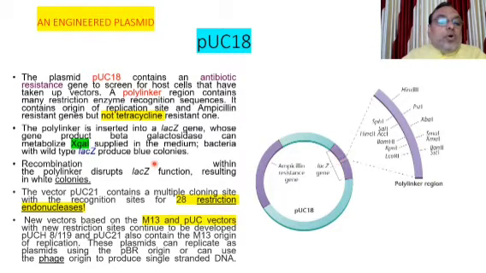So X-gal is supplied in the medium. X-gal is BCIG, bromochloroindoxyl galactoside. When it is supplied in the medium, bacteria with wild type lac-Z produce blue colonies, because lac-Z secretes beta galactosidase, and beta galactosidase will transform X-gal into indigo, and that will give blue colonies.